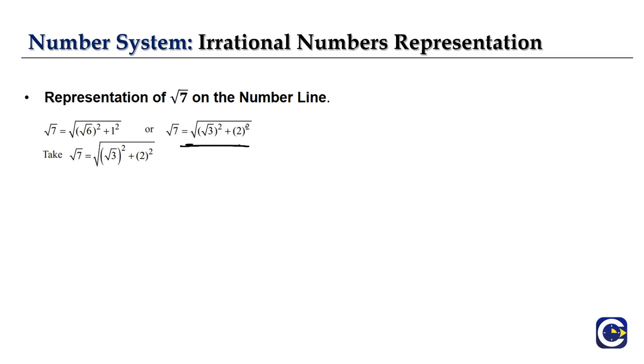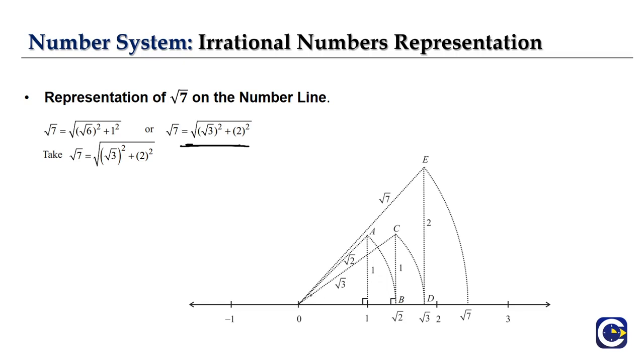Let's see the figure. We will be taking 2 units, so from 0, 1 and 2. We know how to locate root 3; we have already located it at point D. At the root 3 point, we have to construct a perpendicular line of 2 units, because here our height is 2, not 1.